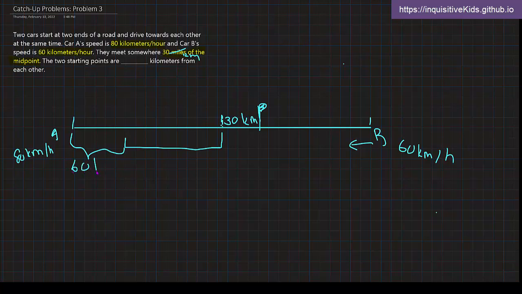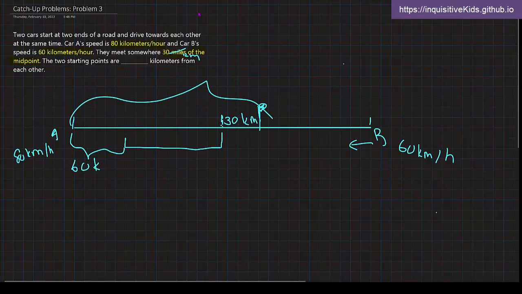Because this has 60 kilometers. Why 60 though? Well, I know that the distance that A drove has 30 kilometers more than if they just drove at the same speed.